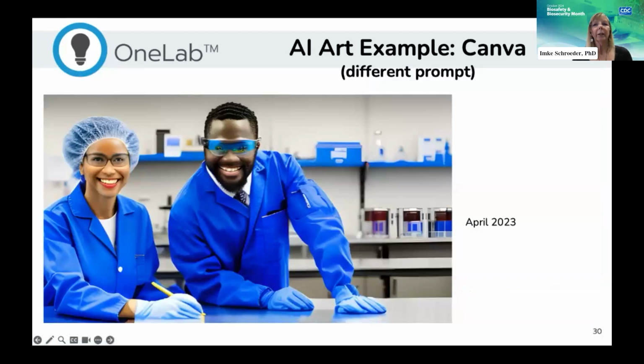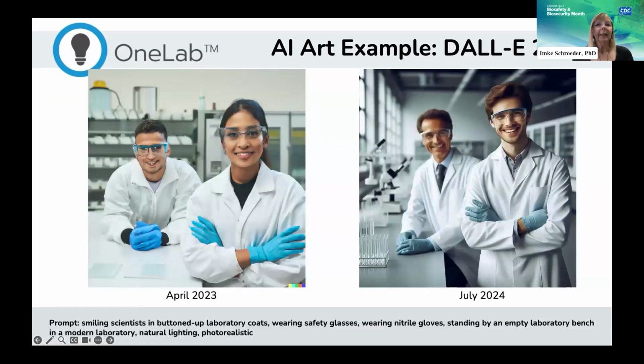Okay, here's another very creepy example by Canva with a different prompt. I don't know how they came up with the hairnet here. Not good, and the hands, very problematic. DALL-E, much better, but not photorealistic in 2023.